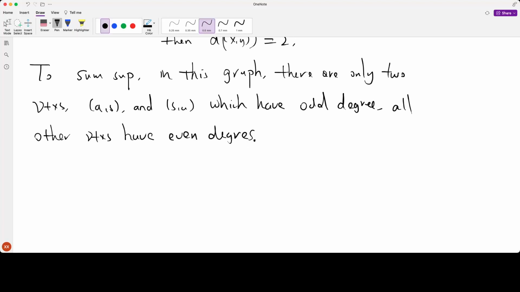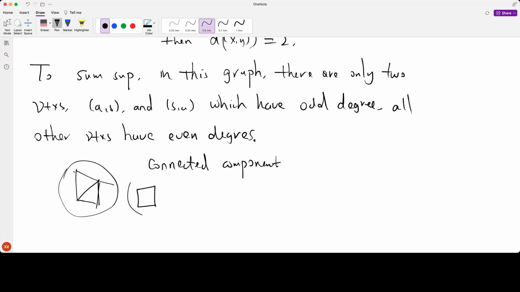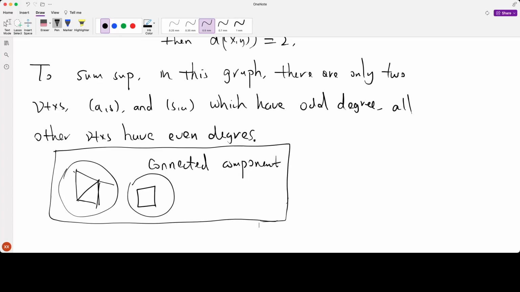Okay, what can we say about this? If you look at any graph, you can consider the so-called connected components. So here is a graph, you have something here and something here. So this is a connected component, this is a connected component. They are not connected. Okay, this is a notation maybe I forgot to say before. It's not a very difficult notation.